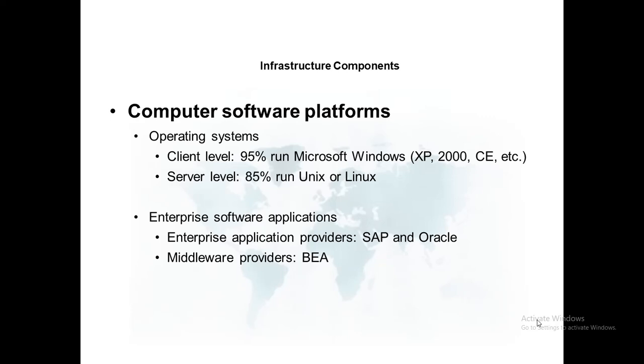Unix and Linux are more scalable, more reliable, and less expensive than Windows if you go to the server environment. So they are more suitable on the server environment than Windows operating systems.